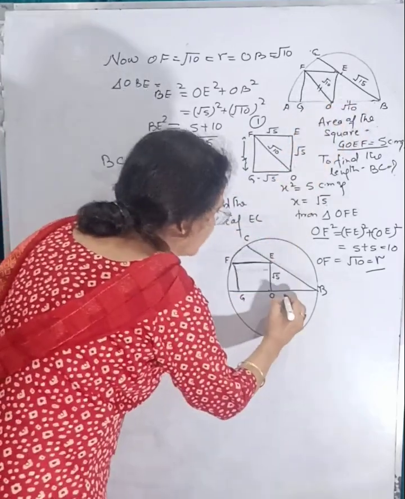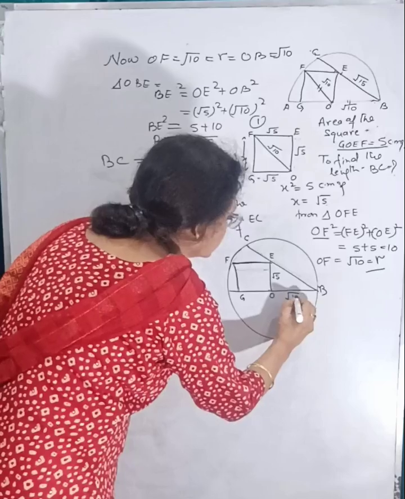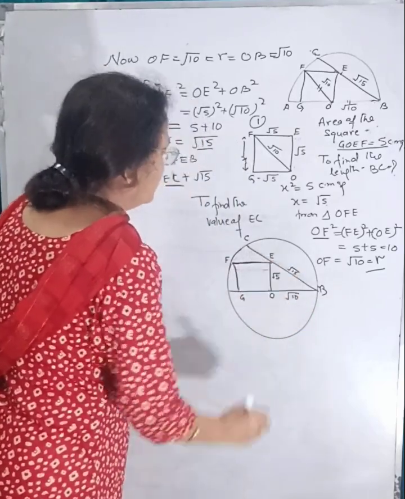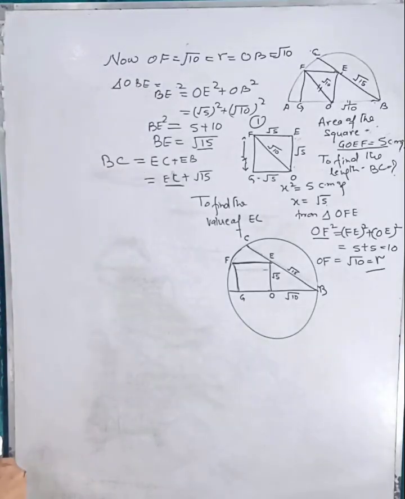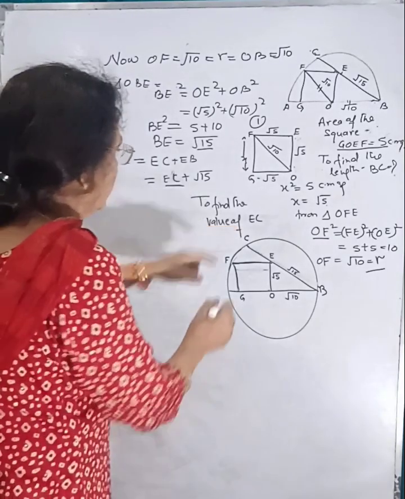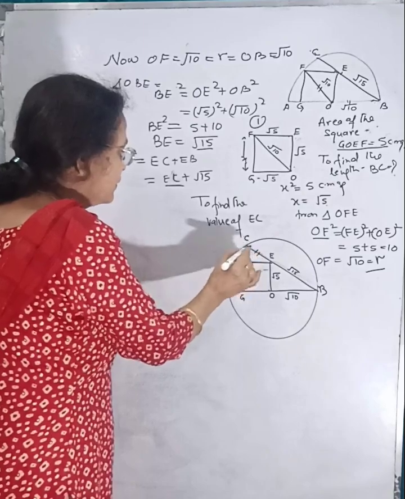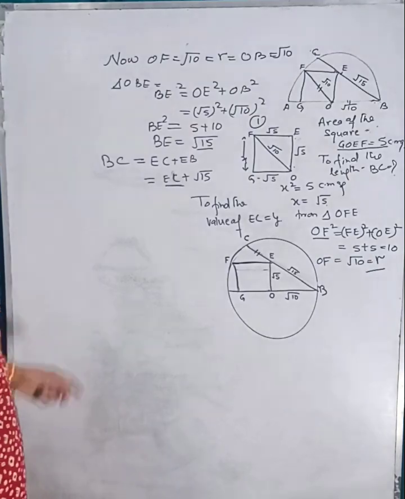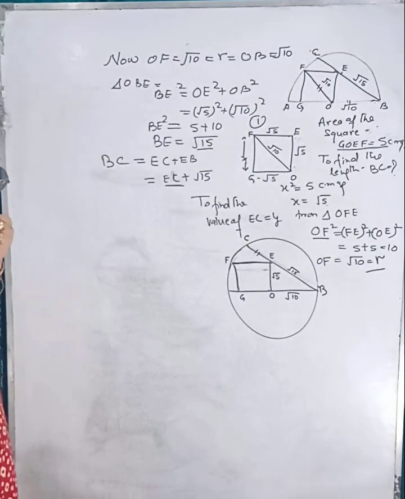OB is equal to root of 10. That is root of 15 given to us. Now we have to find EC. This is to be determined. Suppose it is Y.